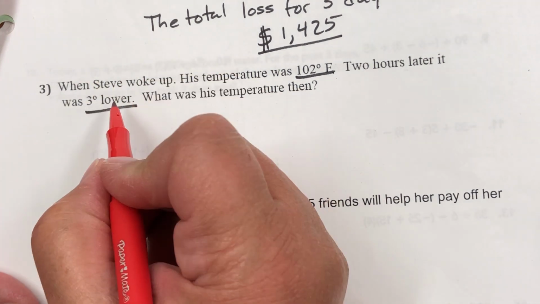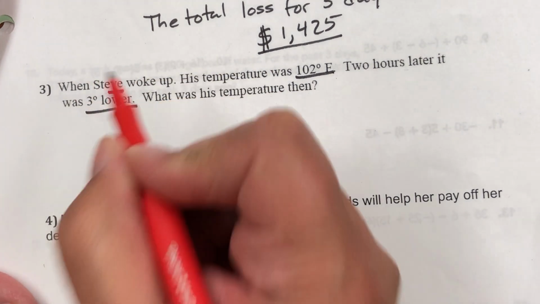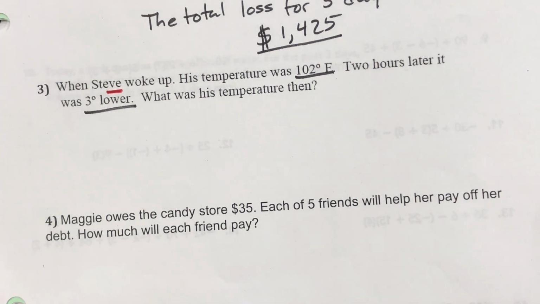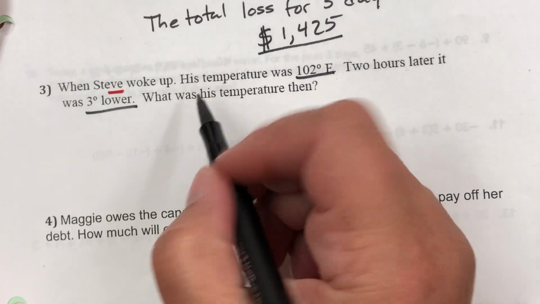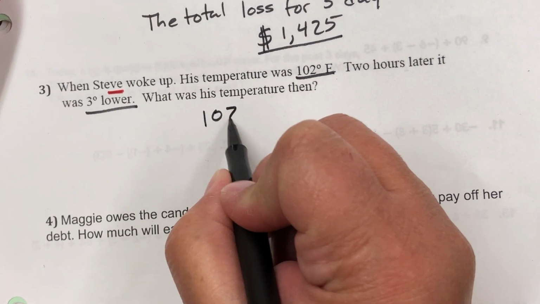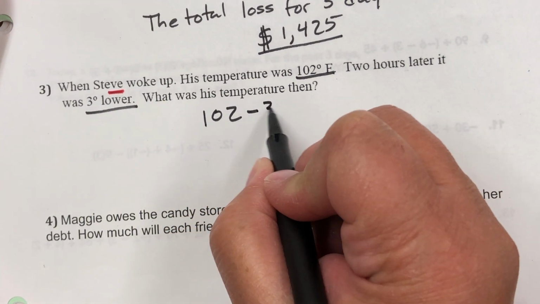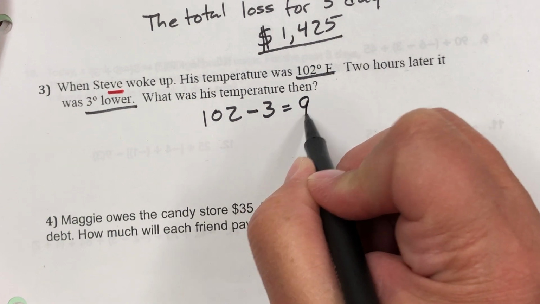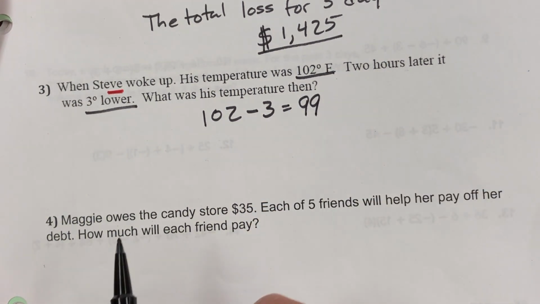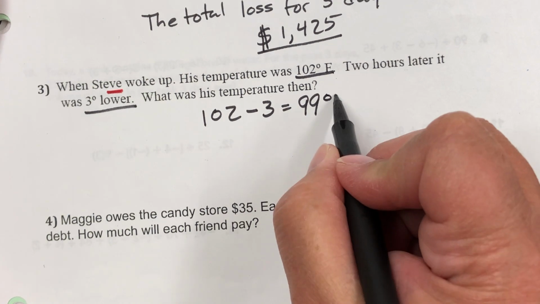Lower means negative or subtraction. In this case, it's going to be subtraction. So here's our boy Steve, and he had 102 degrees minus 3 degrees is 99 degrees Fahrenheit.